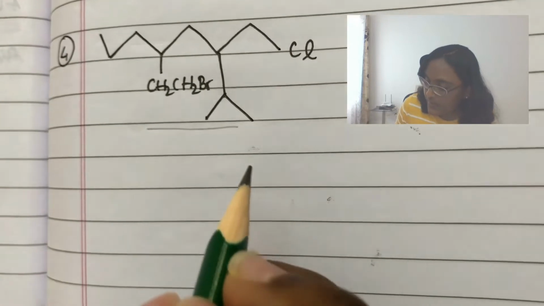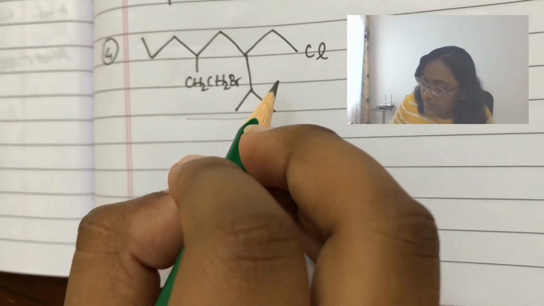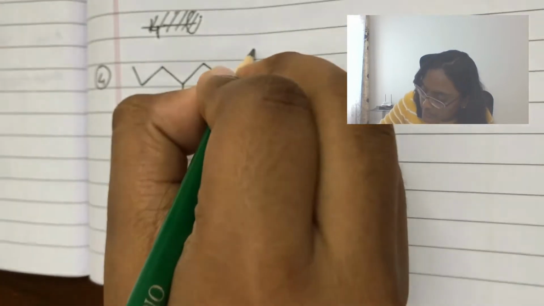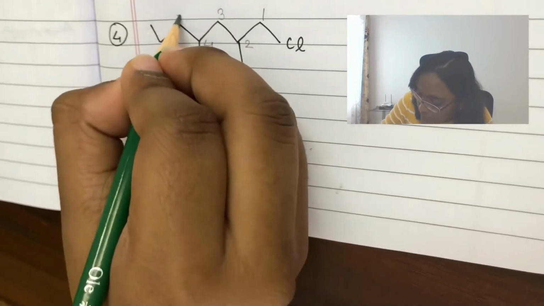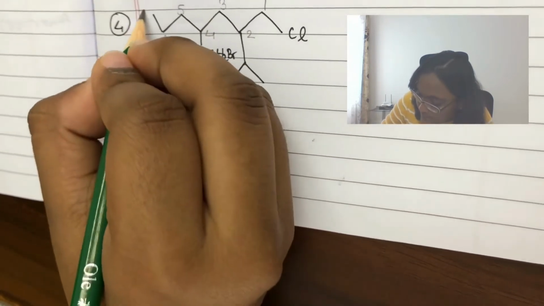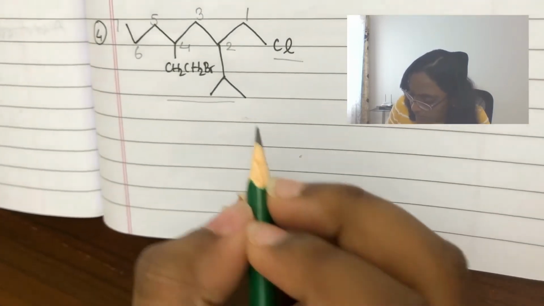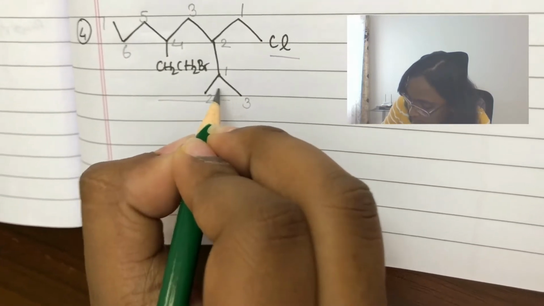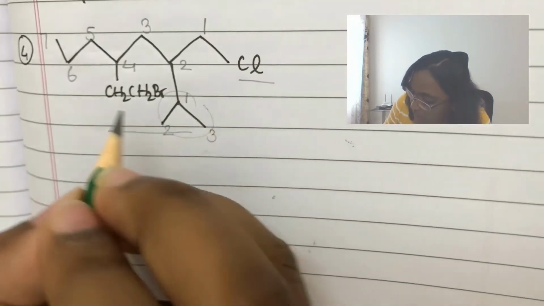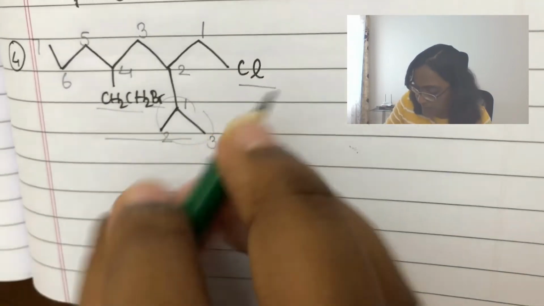The fourth task is this structure over here. Here we see this is a bond line notation, and if we start our numbering, it goes 1, 2, 3, 4, 5, 6 and 7. On the first carbon there is a chlorine. On the second carbon there is a 1, 2 and 3, which is an isopropyl group. And on the fourth carbon there is a bromoethyl group.